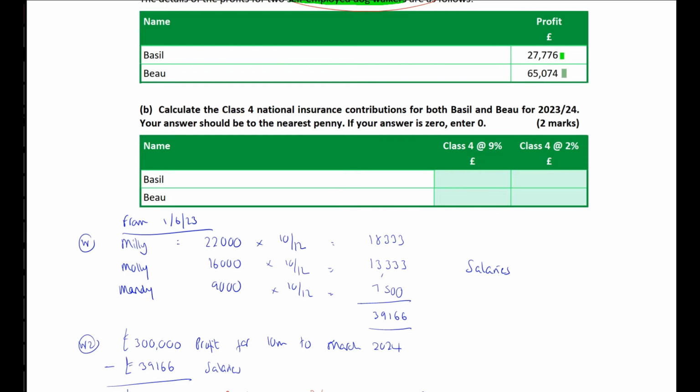So here are the profits for Basil and for Bo. Let's do Basil first, 27,776. So we were told profits that are in excess of 12,570 before we hit that upper limit are going to all be at 9%.